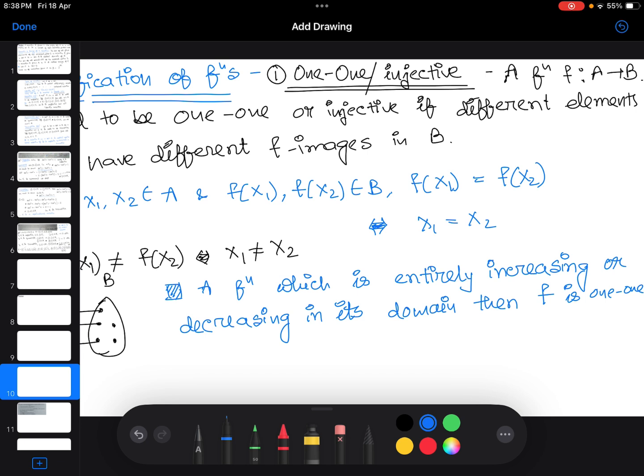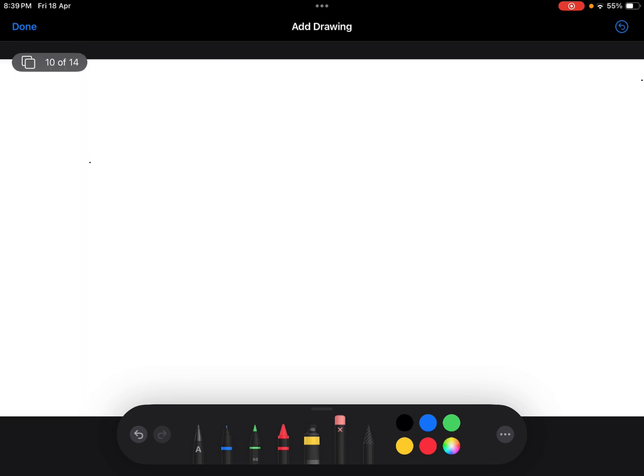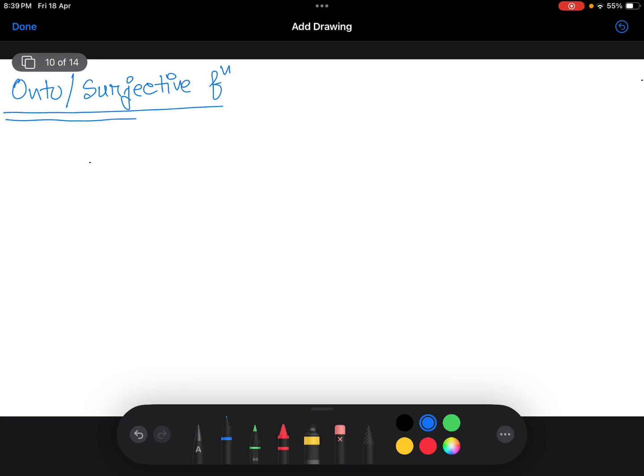Now, let's say, what is an onto or surjective function?